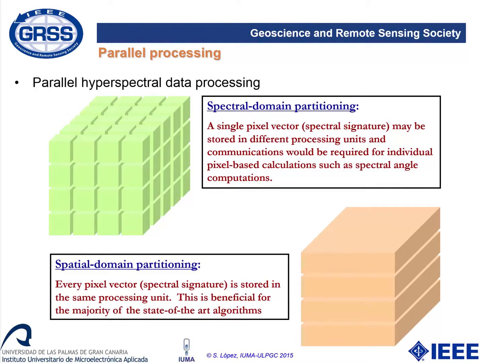This second approach is the one that is typically used in hyperspectral imaging, because these kinds of algorithms, as Professor Plaza has explained in his tutorial, are mainly related with spectral processing, like the spectral angle or all the spectral unmixing algorithms, and they normally do not take into account spatial information. So this is why this second approach is the most commonly used in this area.